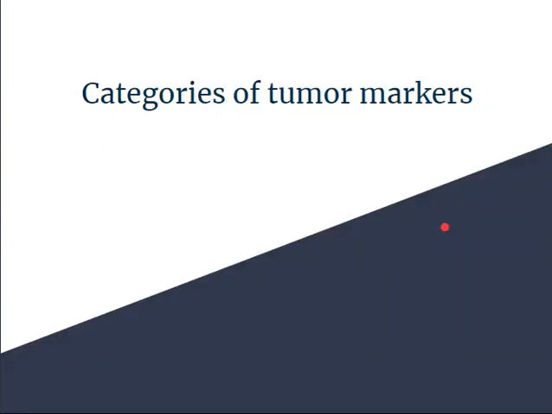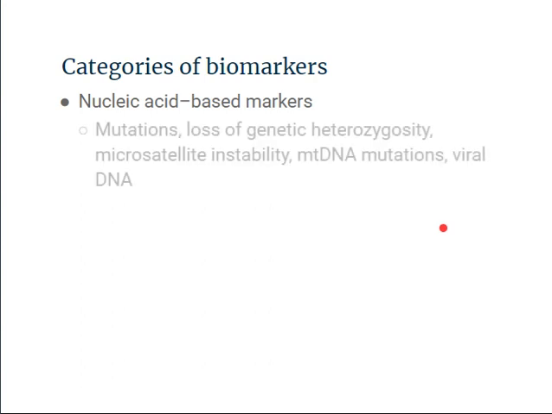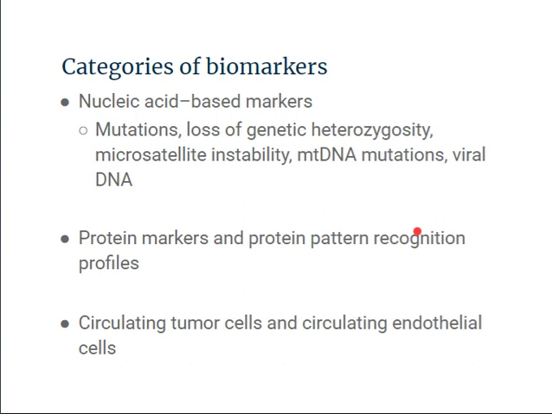Now, let us see the different types or categories of tumor biomarkers. A number of tumor biomarkers have been identified and they are effectively being used as cancer markers. There are nucleic acid based markers like mutations, loss of genetic heterogeneity, microsatellite instability and gene expression, as well as protein markers and protein pattern recognition profiles, circulating tumor cells and circulating endothelial cells.